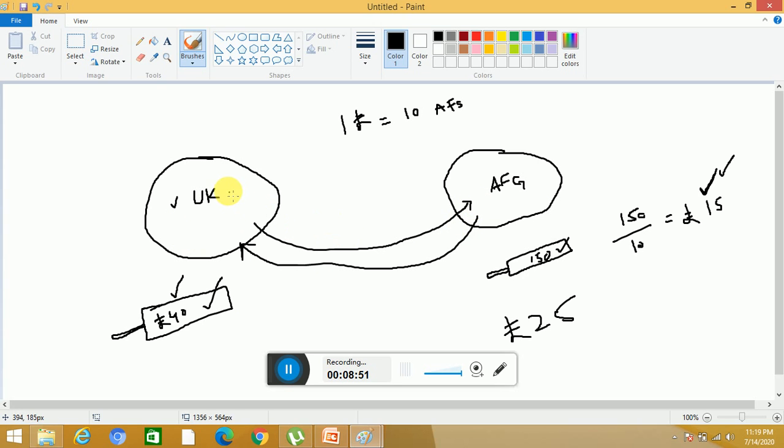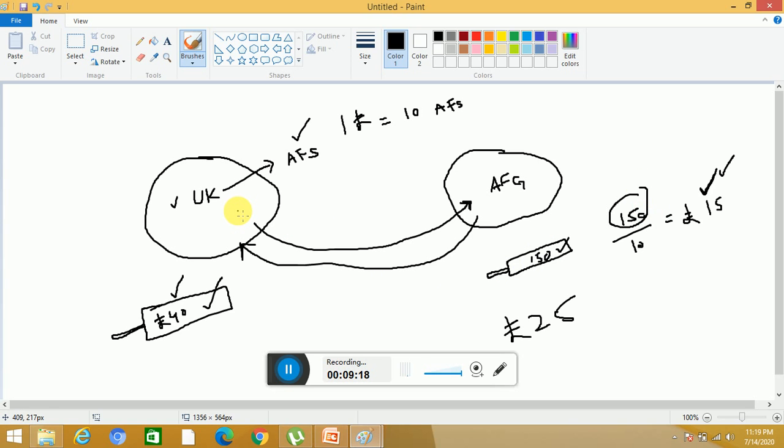When they go to Afghanistan, they will convert their UK pounds to Afs. They will take it with them. And here in Afghanistan, they will spend these Afghanis to buy cricket bats.